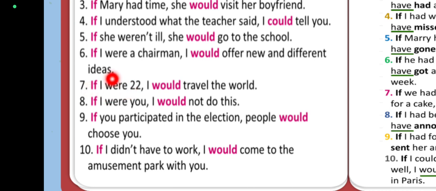If we use if I was, it is not correct. Here we always use I were. If I were a chairman, if I were 22, if I were you, okay? Siempre utilizamos el were con the conditional clause.